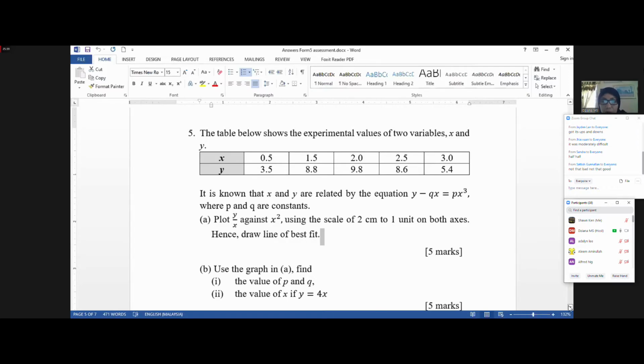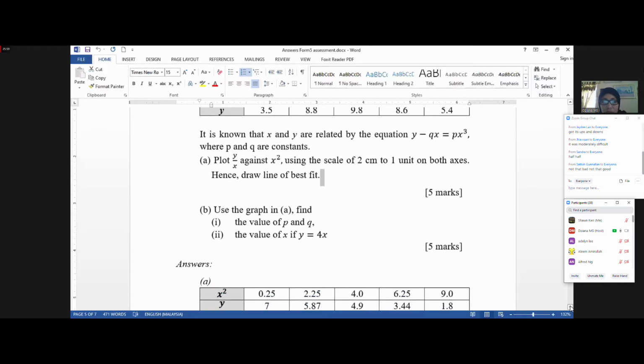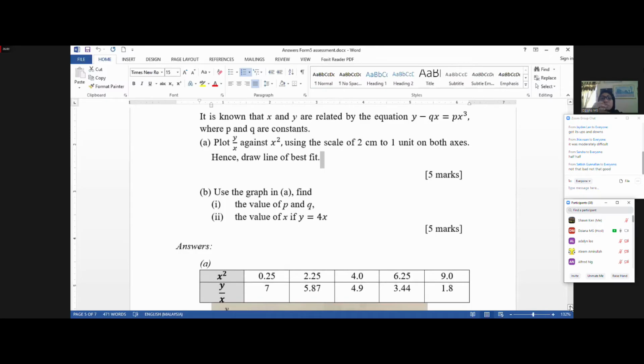So for the first part of the question, plot y over x against x squared. First thing, you must have a new table. After you get the new table, you plot all the points and draw the line of best fit. This is my new table. This new table can give you 1 mark.